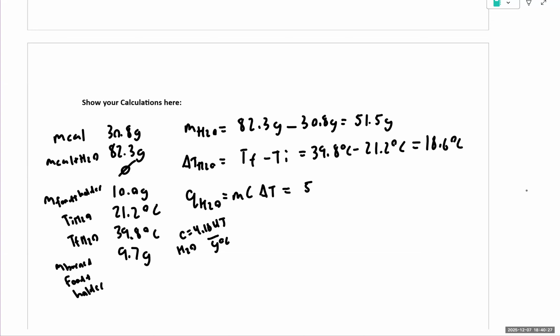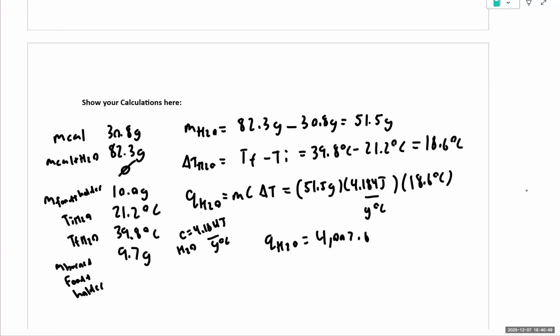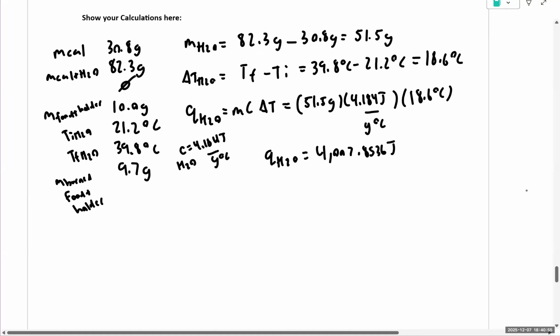So we have 51.5 grams of water times 4.184 joules per gram degrees Celsius times 18.6 degrees Celsius. This gives us a Q water of 4,007.8536 joules. We'll round at the end.